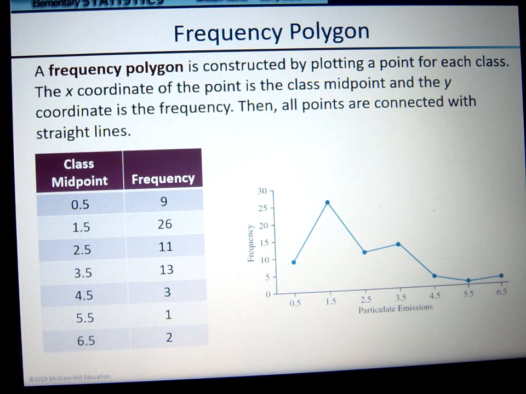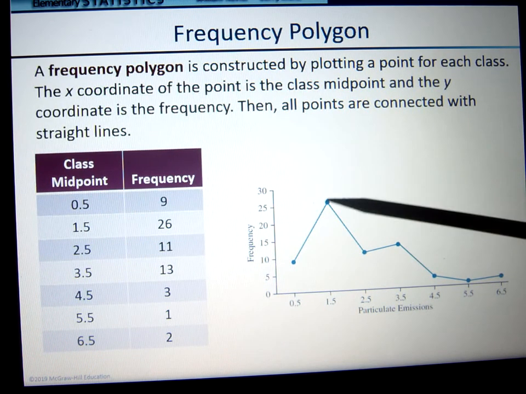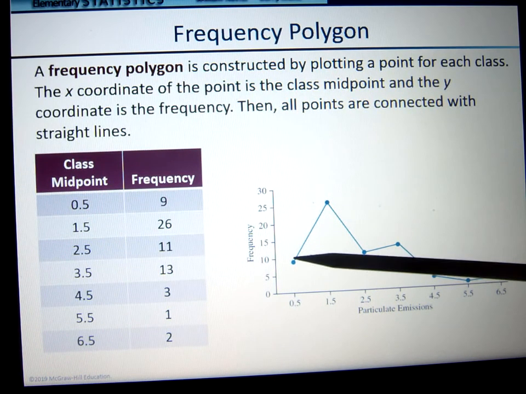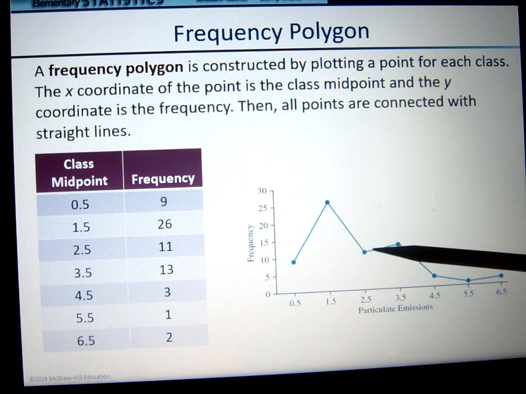Why is it called a polygon? Well, probably because we are connecting the lines together. I know it doesn't connect all full circle in the end, which is what we would consider a polygon, but they probably looked at the idea and said, similar to a polygon, we're going to connect the dots as we go from smallest to largest. So a frequency polygon it is.